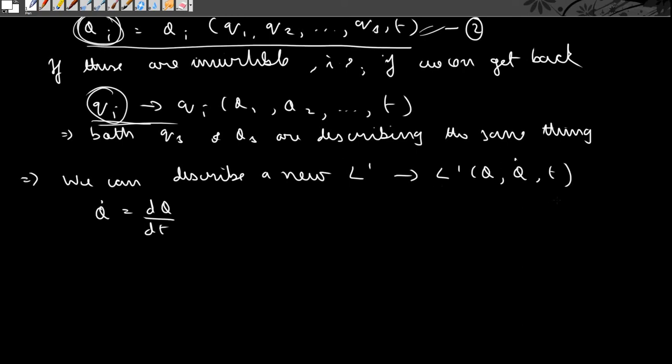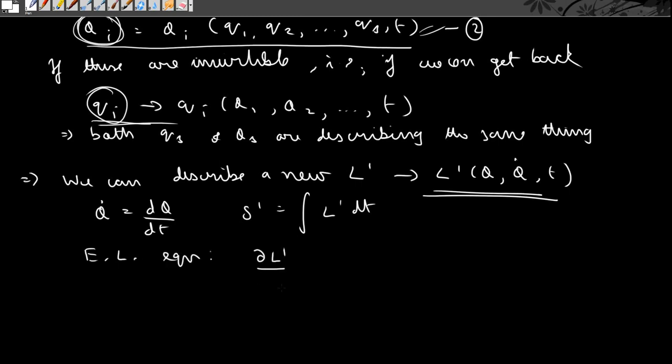And if we have this new Lagrangian, we can again define our new action S dash as equal to the integral of L dash dt, and correspondingly we can get our Euler-Lagrange equation as ∂L'/∂q = d/dt (∂L'/∂q̇).